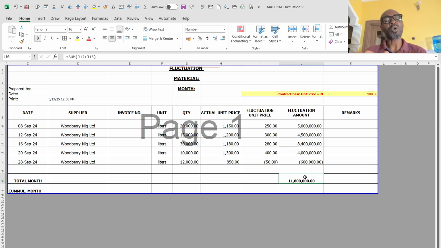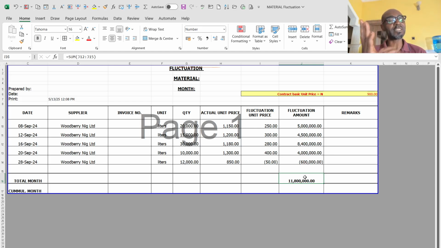Having attached all the necessary waybills, the invoices, and also, if there are publications in the dailies that show where the manufacturer has said, due to raw materials increase at the global market, they are now going to increase their prices to reflect what they actually bought the raw materials for, you can attach it to prove to the client that there was actually a change in the market.